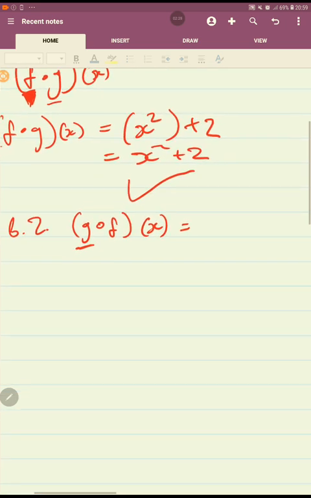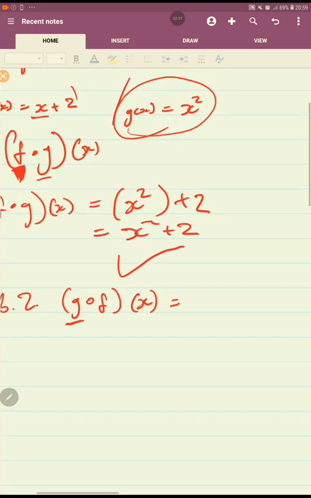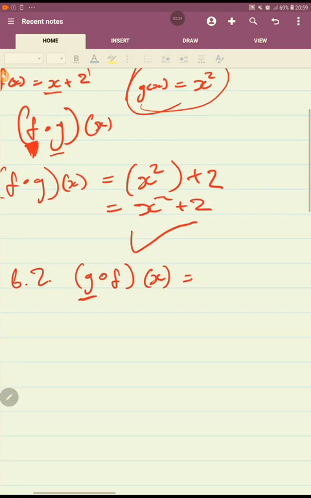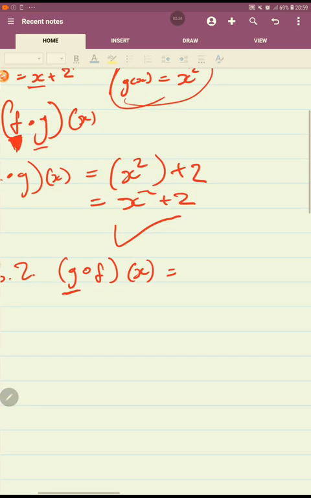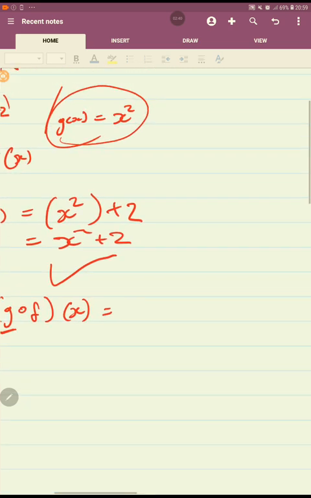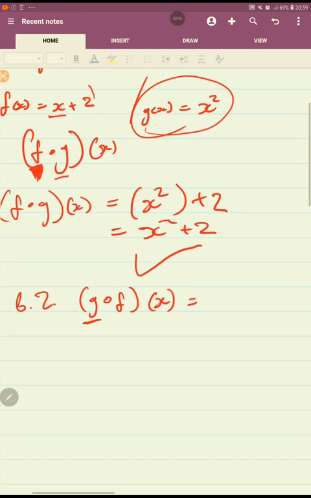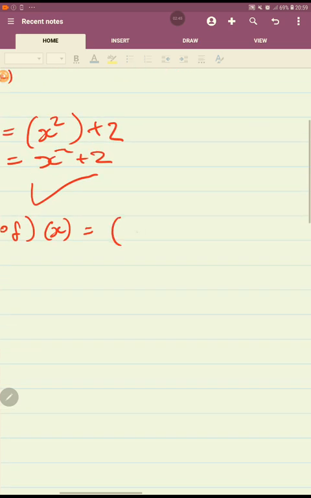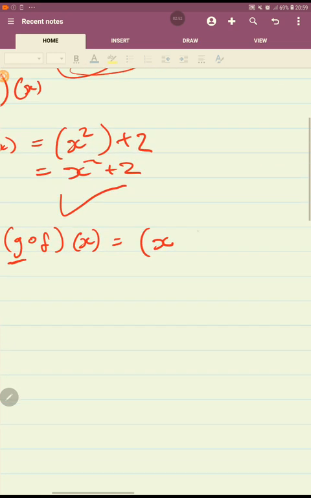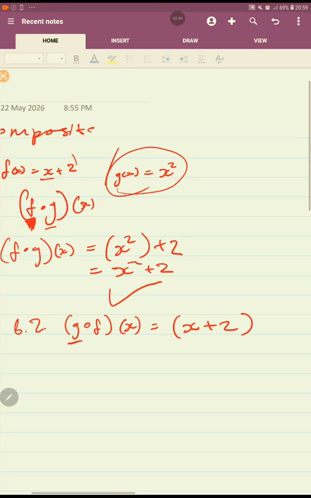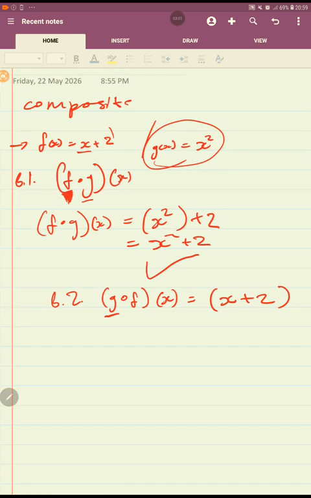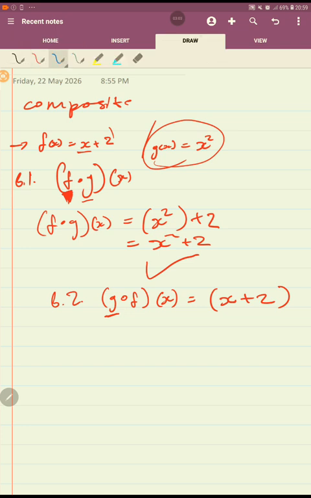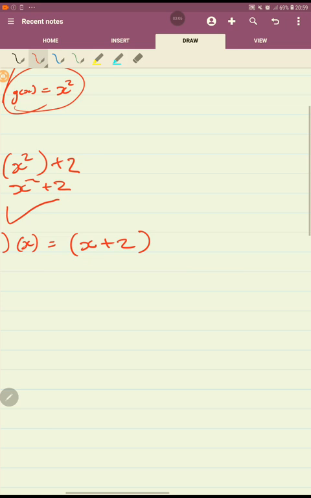So f is represented by x, and g is x squared, therefore you substitute the value of f at x into x. I wish I had some color so that I can show the difference, but I'll do that in a moment.